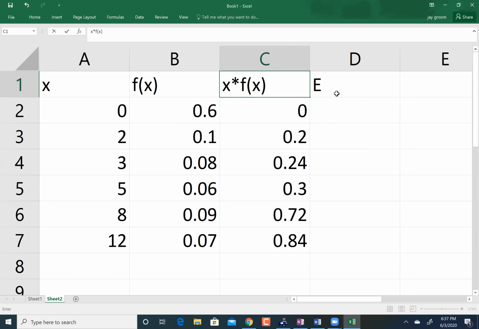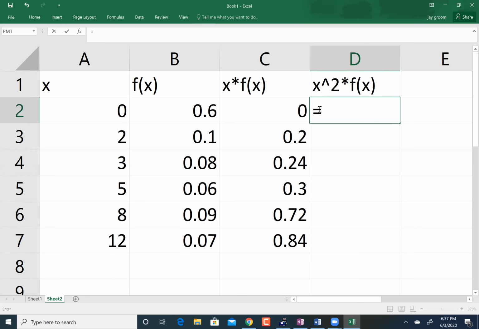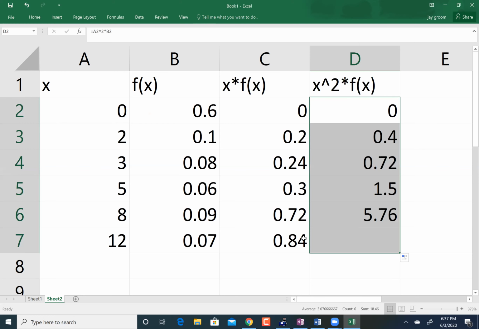I should have done it that way. I'm sorry. It's going to be X squared times F of X. There we go. And so equals this squared times F of X. Bam.